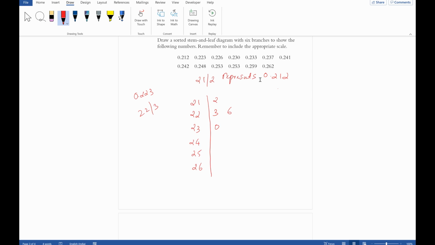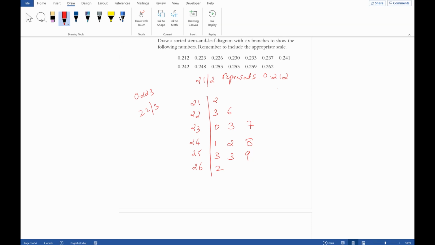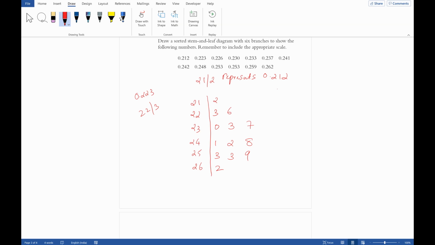Then 3, 7, 1, 2, 8, 3, 3, 9, and the last one is 0.262, which is 26 bar 2. Remember, in this particular question the data values were ordered. If you are drawing the final answer of a stem and leaf diagram, you have to arrange the leaves in ascending order.